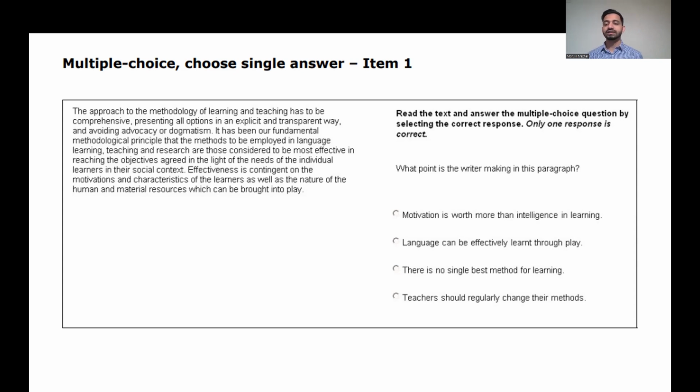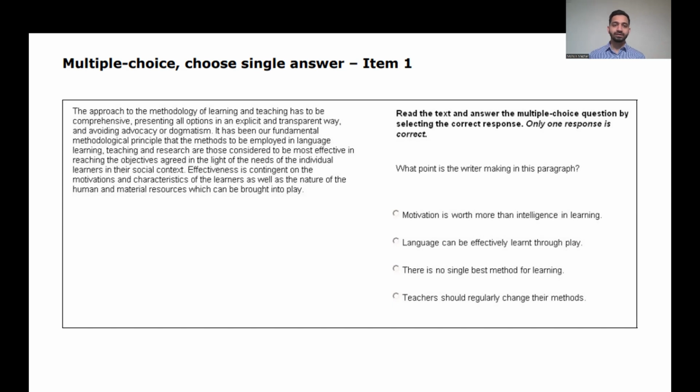Language can be effectively learned through play. So it's saying that you can learn language by playing maybe some games. I'm just thinking I might be looking for that information in the paragraph. Then we've got, there is no single best method for learning. So it might be saying there is more than one method of learning.